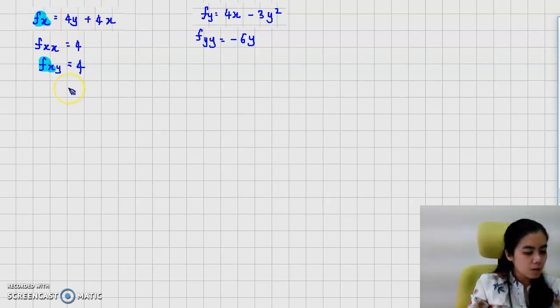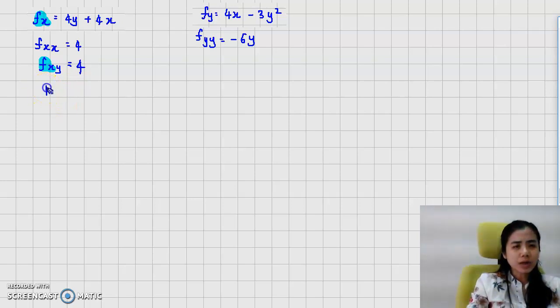Okay? So now form your discriminant equation. So that is using the formula of D equal to fxx multiplied with fyy minus function fxy squared. Okay. So what is your fxx?